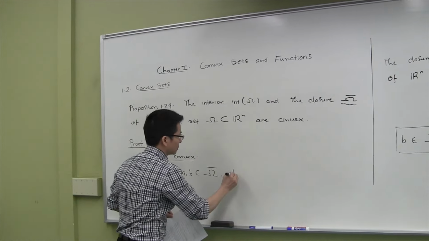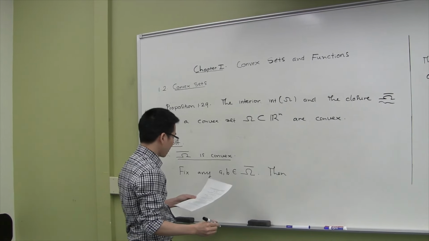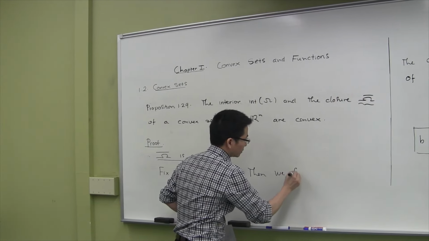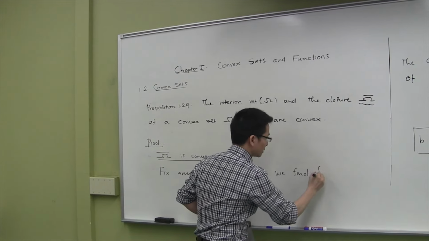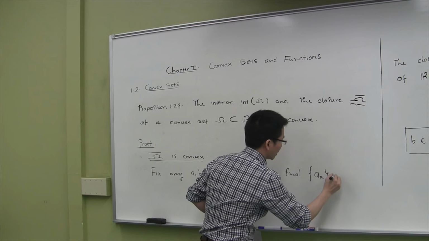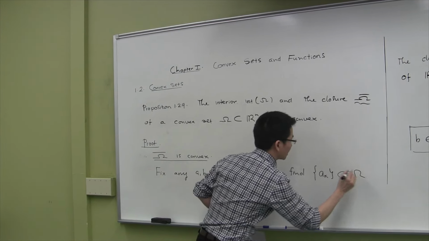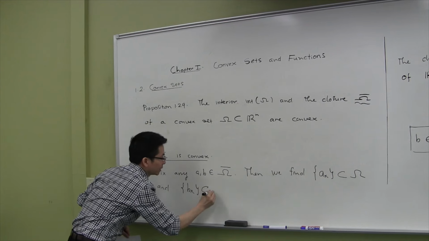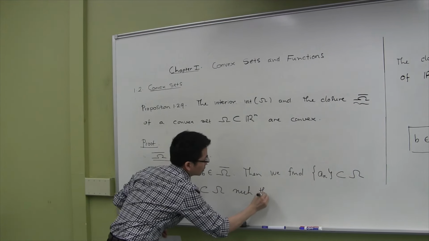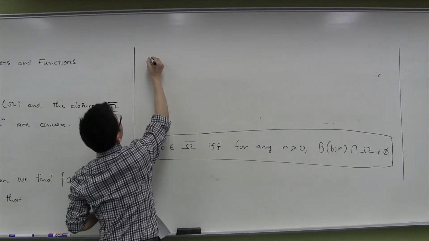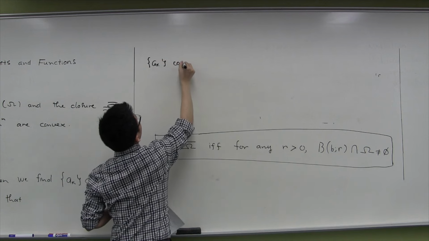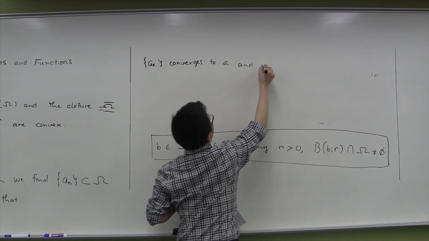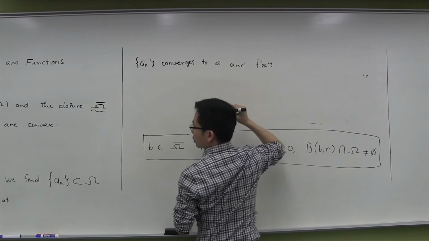Then we find two sequences a_k in omega and b_k in omega such that a_k converges to a and b_k converges to b.